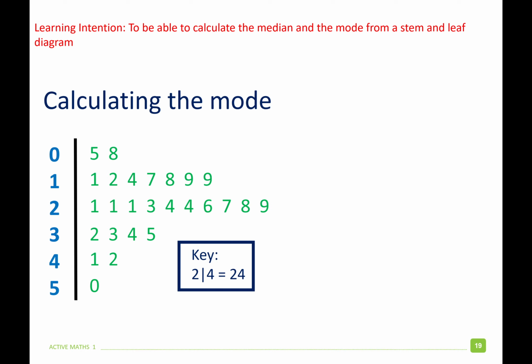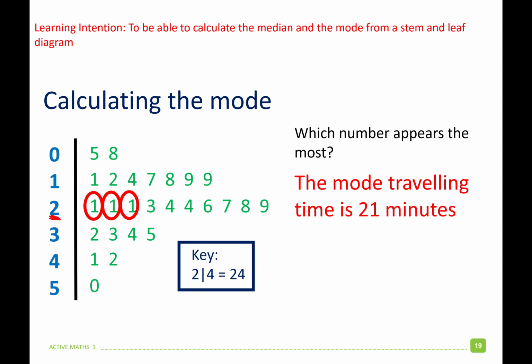Let's calculate the mode. The mode is the value that appears the most. So what value appears the most here? Well, we can see we have 3 21s. So I have 3 leaves that have the same value.